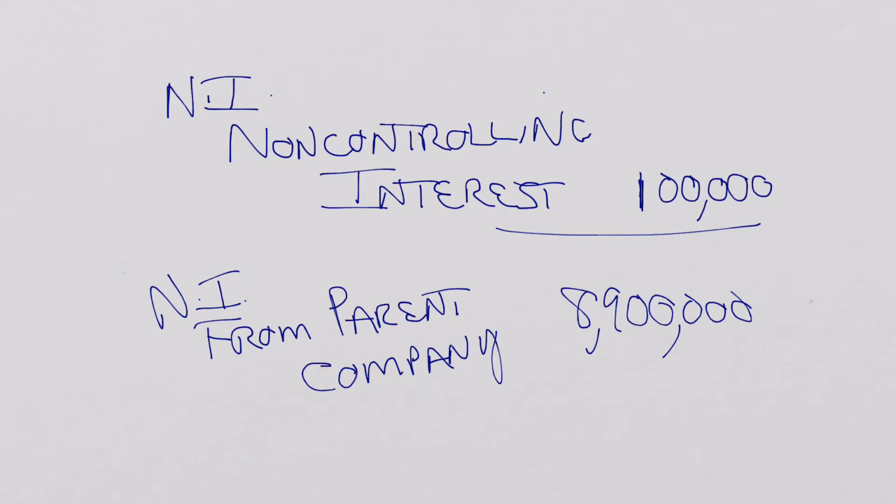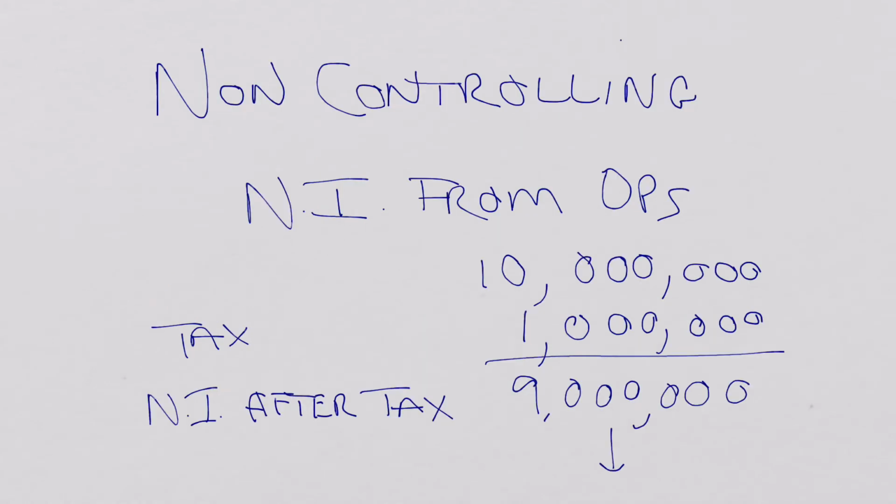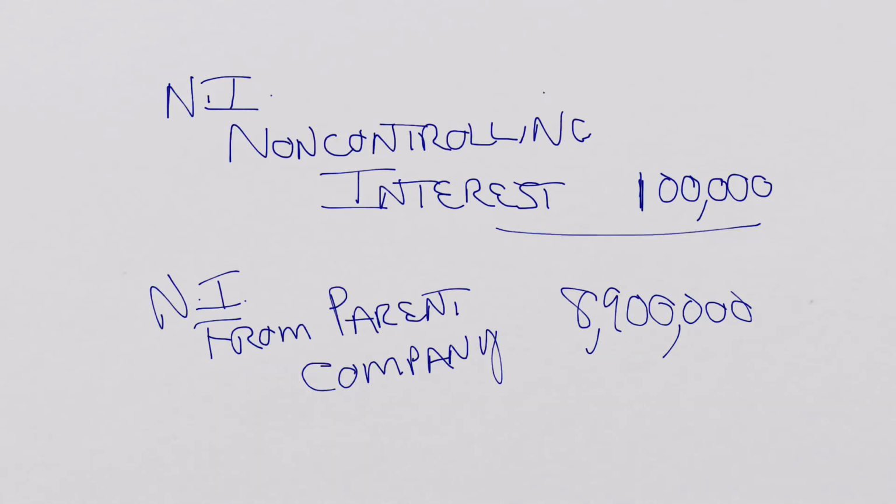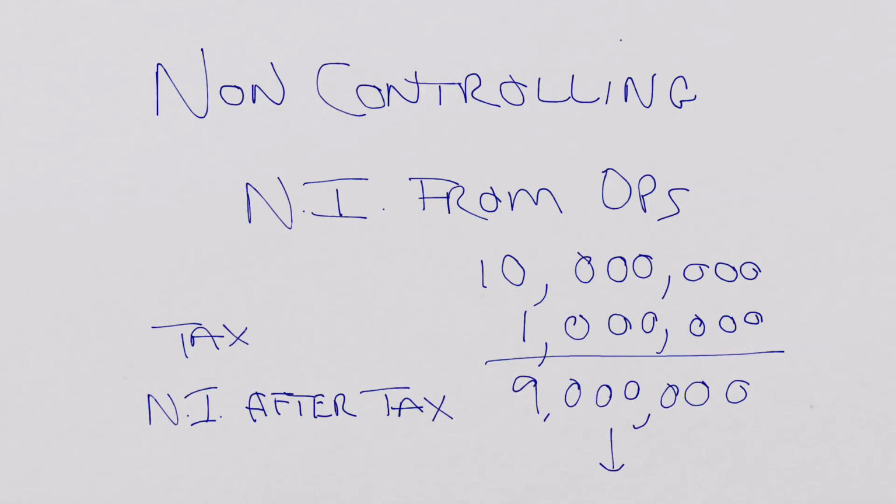So the net income from non-controlling interest is not even an addition. See how it works? You've got net income after tax, and it's 9 million, and then they show you net income from non-controlling interest, but that's a subtraction. So here's why. That's what I want to get into.